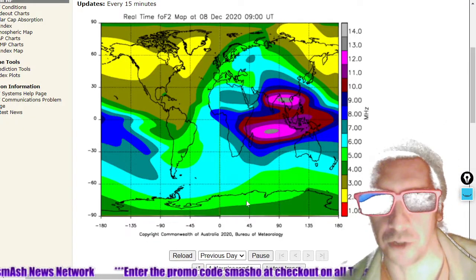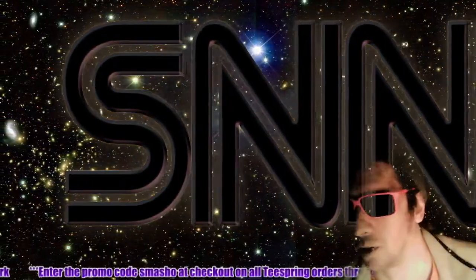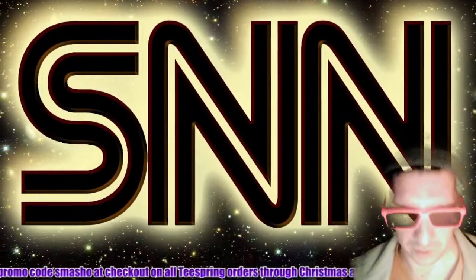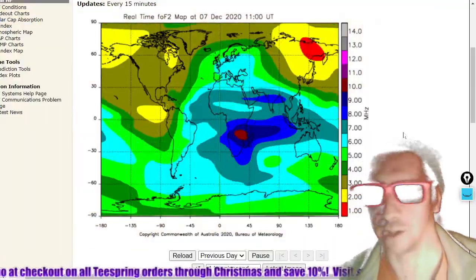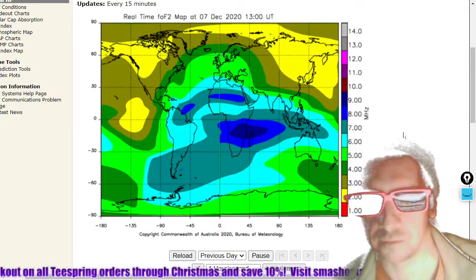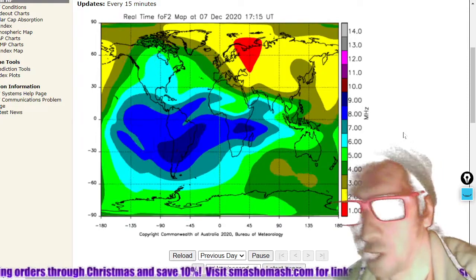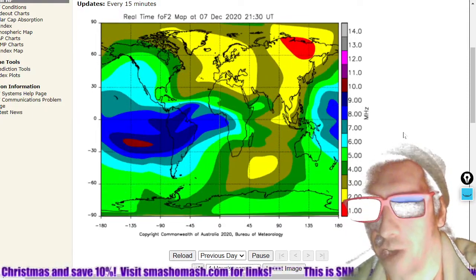Next we'll look at just the ionosphere layer. I thought I already loaded that. Here at the Smash News Network we do tend to stream live, and that's the danger of streaming live. I like it. I think it's compact. So here's a 1-day visualization of the ionosphere courtesy of the Australian Government Bureau of Meteorology, and it's looking a little anomalous to me here.